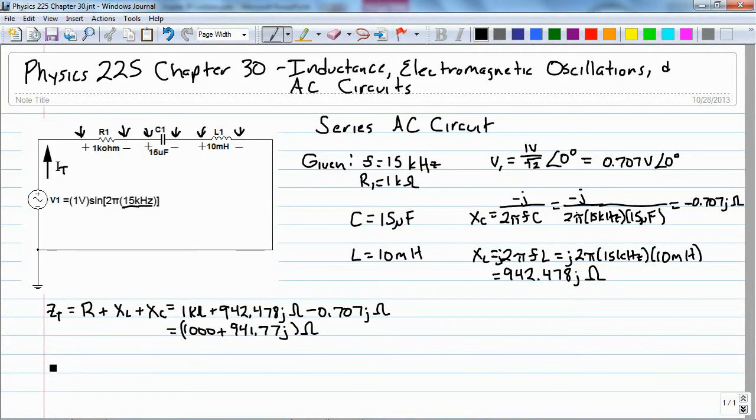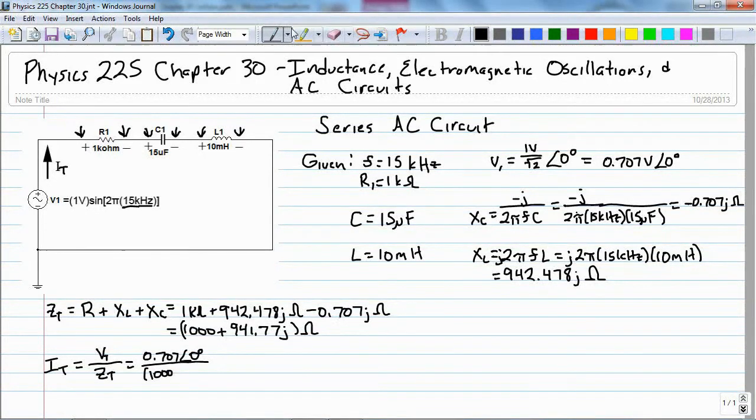And now my current is just going to be the voltage divided by my total impedance, and that's 0.707 at an angle of 0 degrees over 1000.